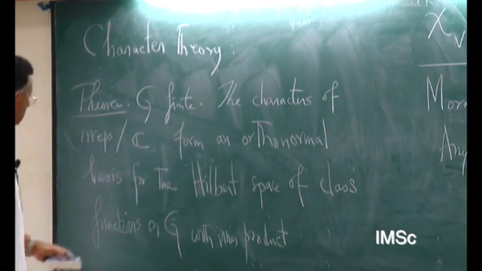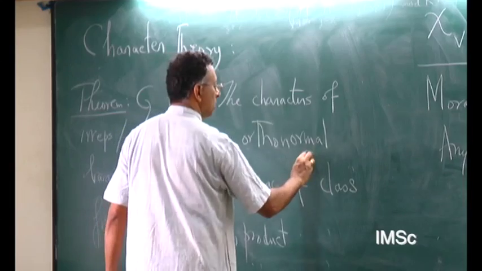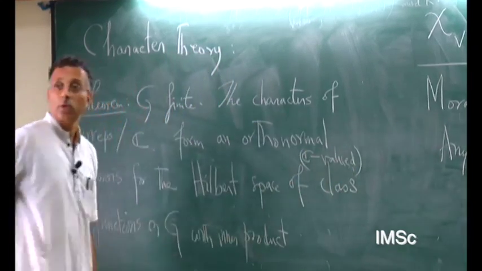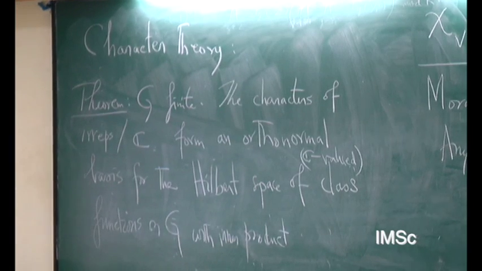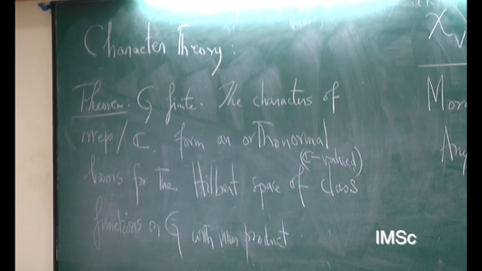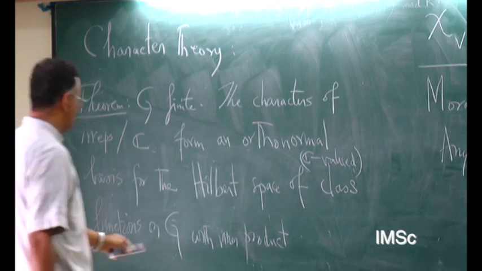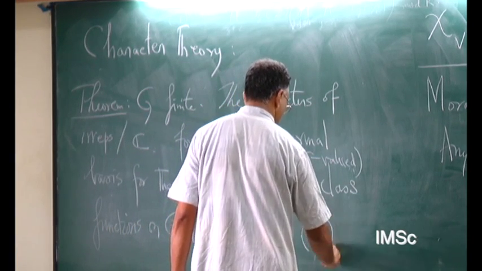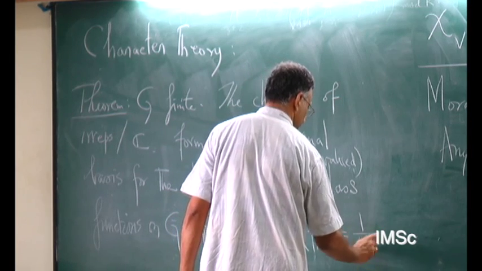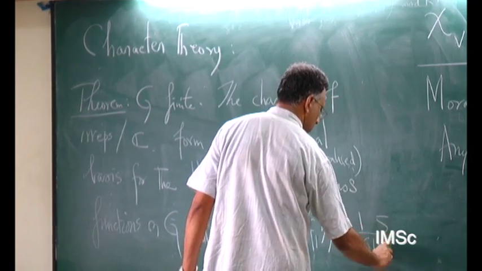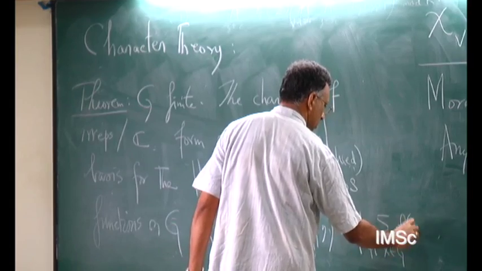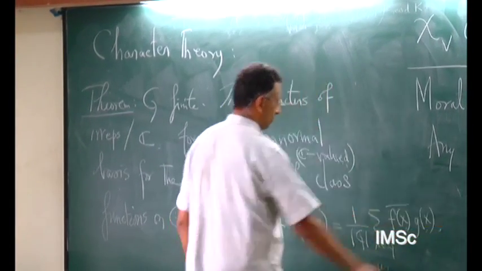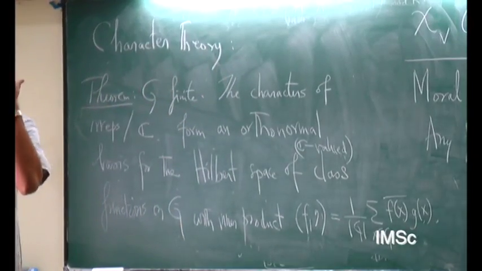The space of class functions is C valued, that is understood. The class functions are C valued, so that's a complex vector space, right? With inner product, this is the theorem.